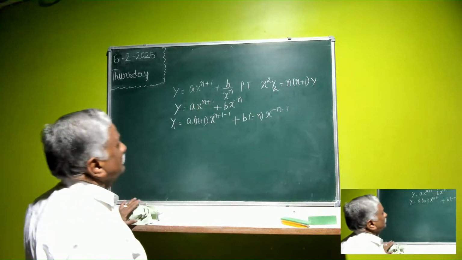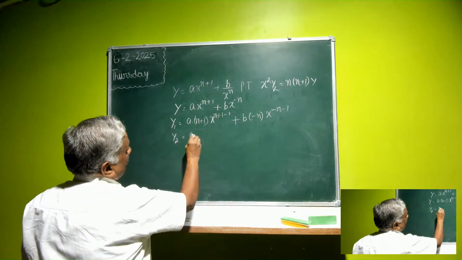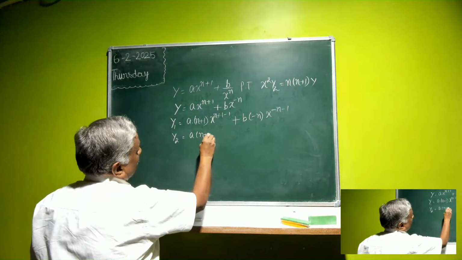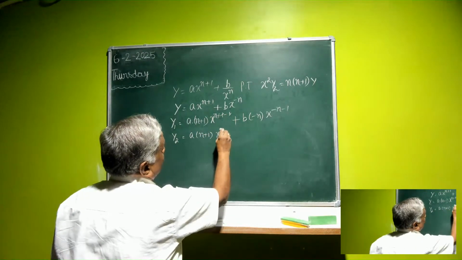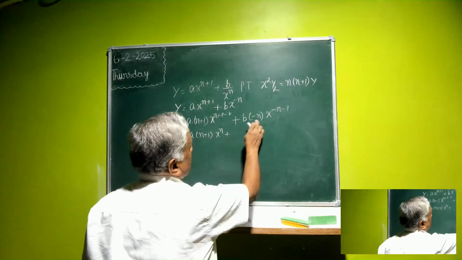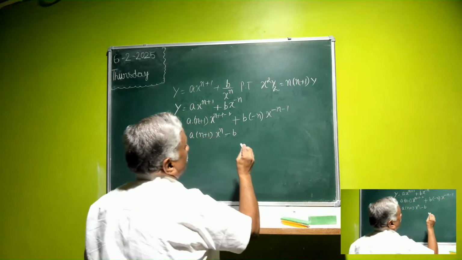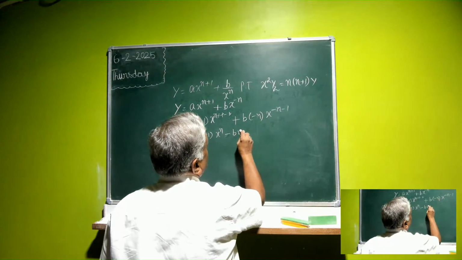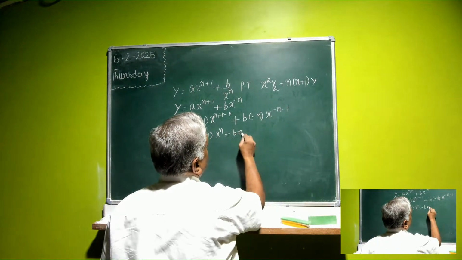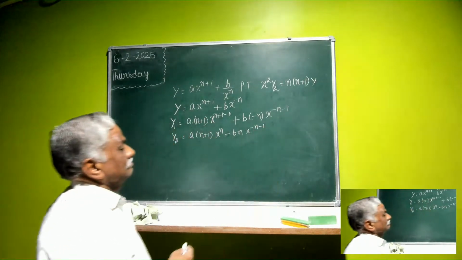First derivative. Let us simplify this. A into n plus 1. This minus 1 plus 1 cancel. X to the power of n. Plus this becomes minus, bn x to the power of minus n minus 1.